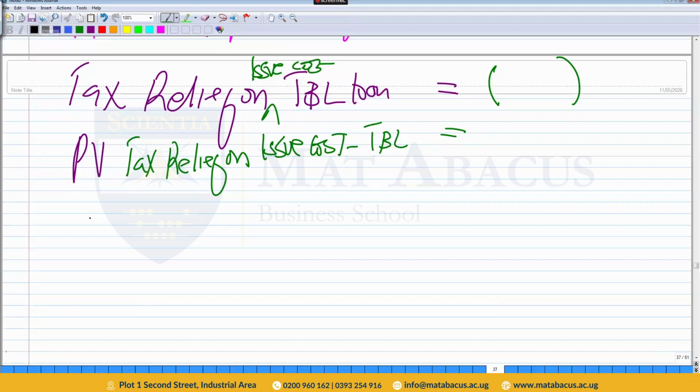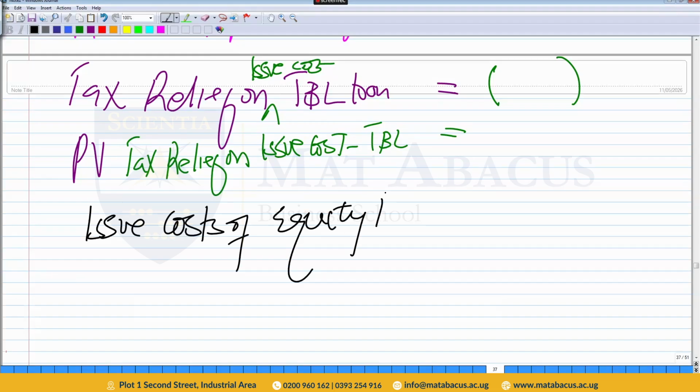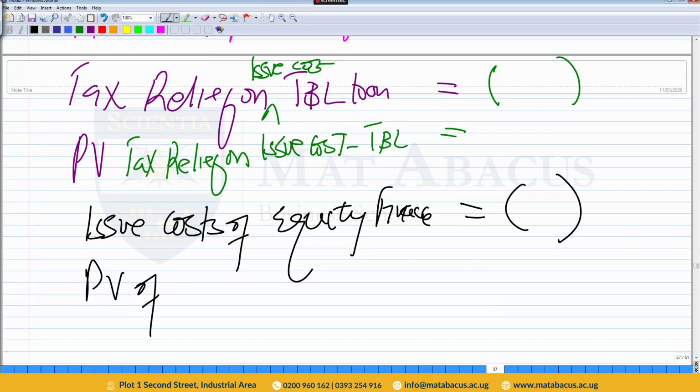Then there is equity finance issue costs on equity finance, which will also be negative. Then you'll also get a present value of issue costs on equity. This will be a positive figure.